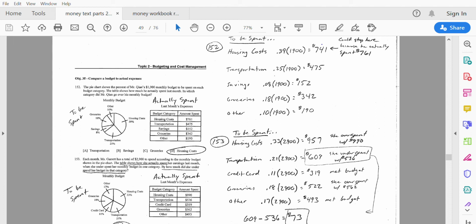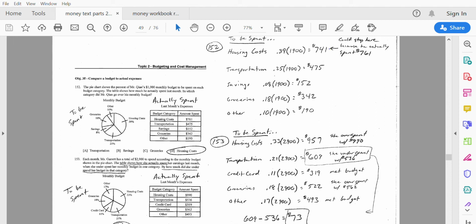Now I continued and I did that with all the different categories. I moved it over twice, got a decimal, multiplied by 1,900, and figured out what he budgeted. The question was, in which category did he go over his monthly budget? Really, we could have stopped after this one if you check the number after each one.